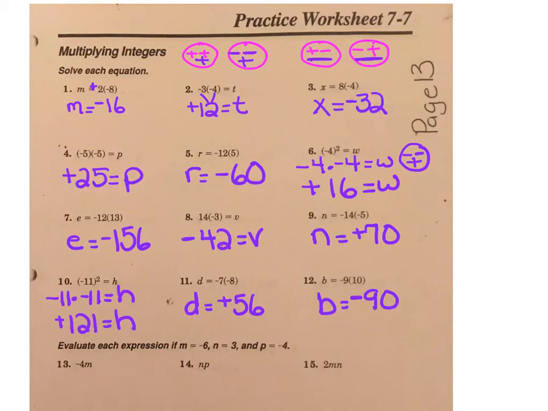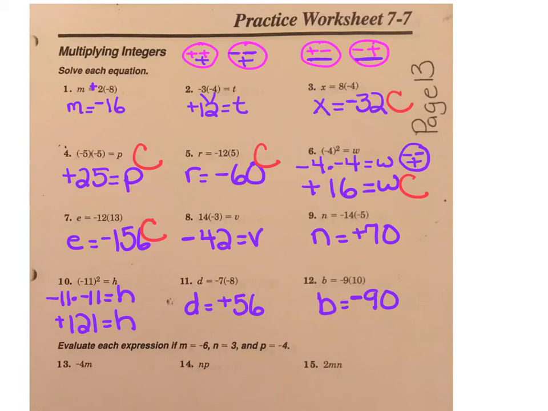Let's check our work. Number 3, x equals negative 32. Give yourself a C if you got that one correct. Number 4, positive 25 equals P. Number 5, R equals negative 60. Number 6, positive 16 equals W. Number 7, E equals negative 156.